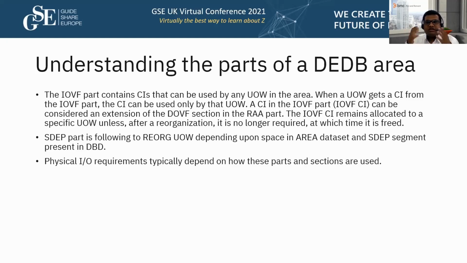So how all these four or five different sections get configured in the area determines how well your database is going to perform in terms of physical IO. So it is of paramount importance, from the generic perspective and also from the performance perspective, to understand all these different sections and how they are used by IMS in a DEDB area.